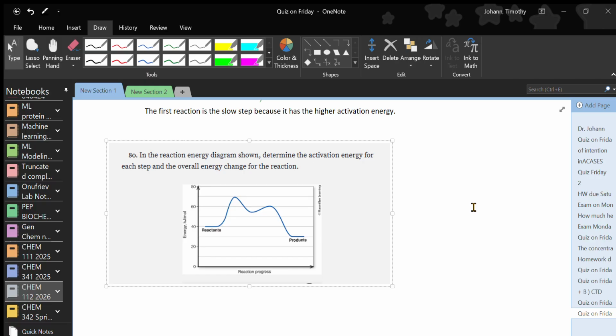Are you talking about like A, B to C to D, or are you talking about like actual stuff? Well, I would do AB. I'm going to do AB. But you could do actual molecules if you want.